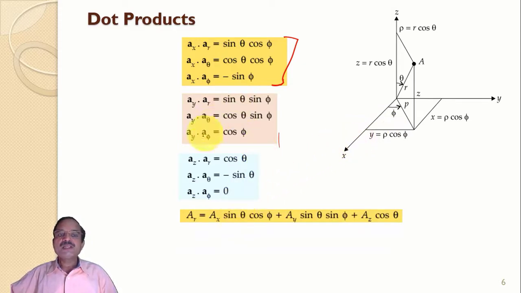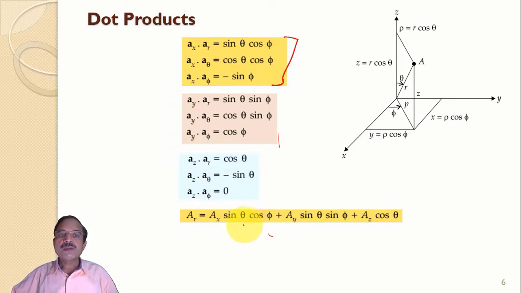Using these relationships, I can represent AR in terms of AX, AY and AZ. So AR is AX sin theta cos phi plus AY sin theta sin phi plus AZ cos theta.